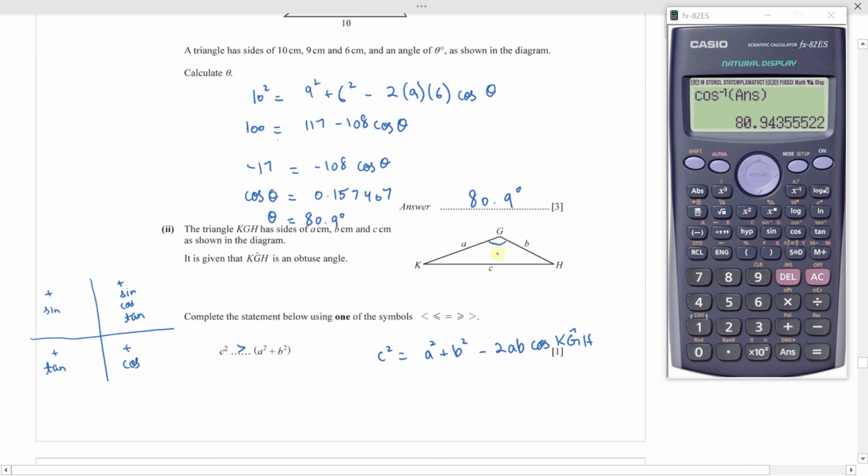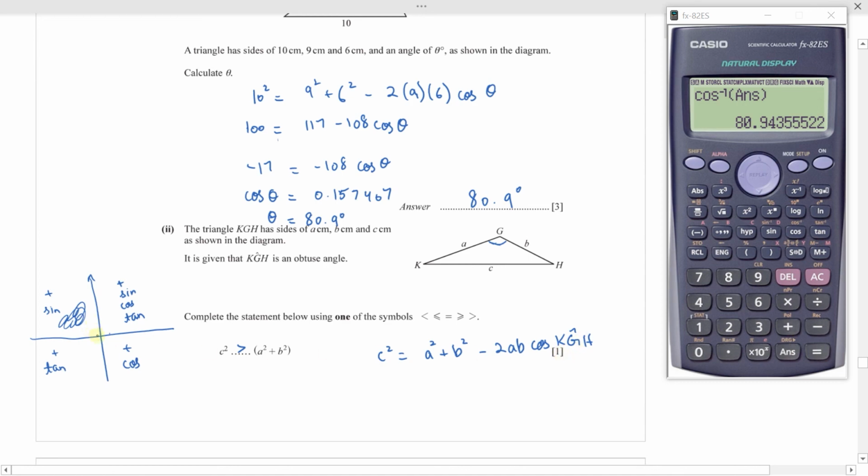If KGH is an obtuse angle, it's greater than 90 degrees but less than 180, so it lies in the second quadrant where only sine is positive. That means once I take the cos of KGH, I will get a negative value.